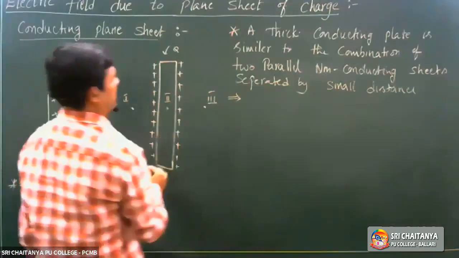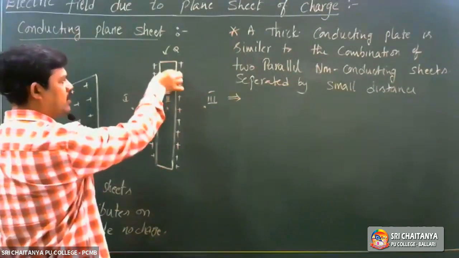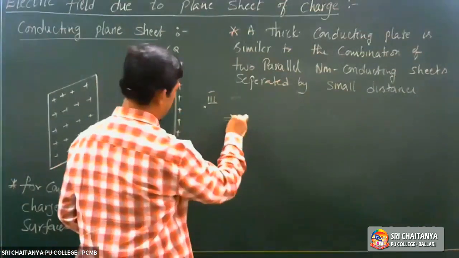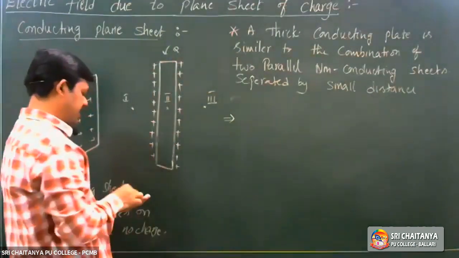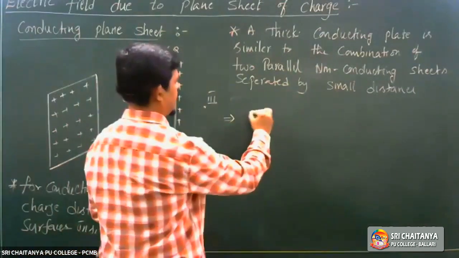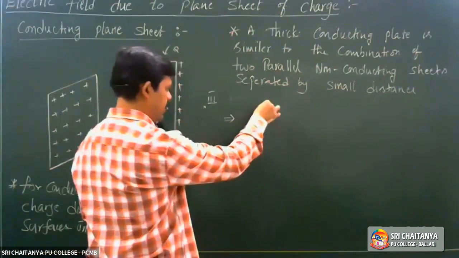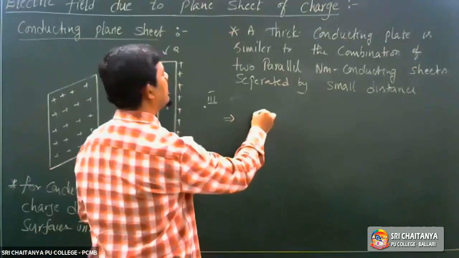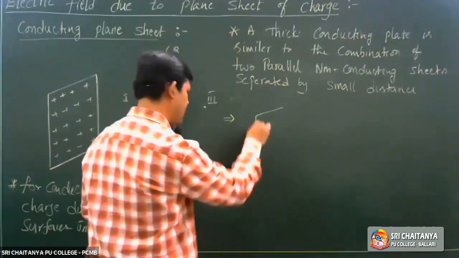See, what my assumption is, now this is similar to, can I draw like this? I am showing the cross-section. This is one plate like this.